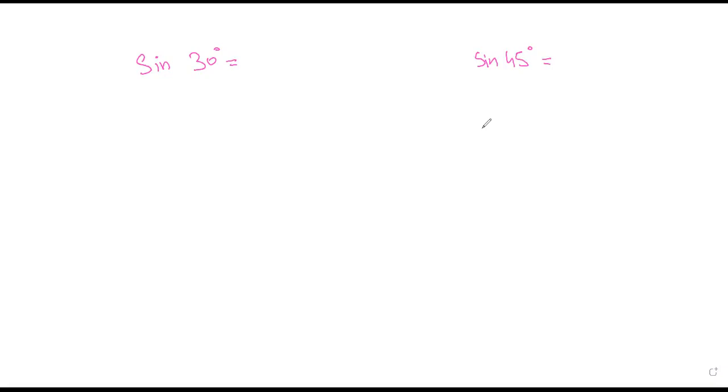Now if you look at it, you will see that sine 30 will give you 1 by 2 if you have that small d on your calculator. That small d means that you're working with degrees. Let's convert this to radians. Press shift, then the mode button next to the on button.